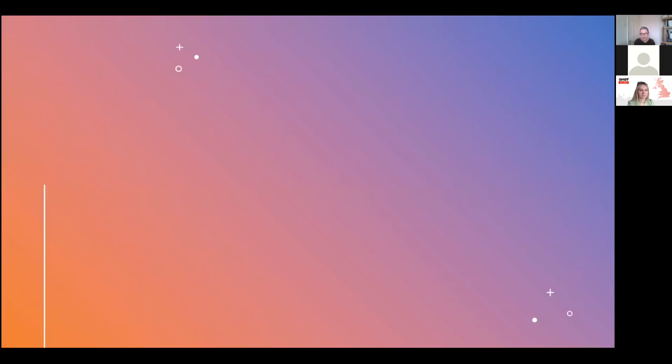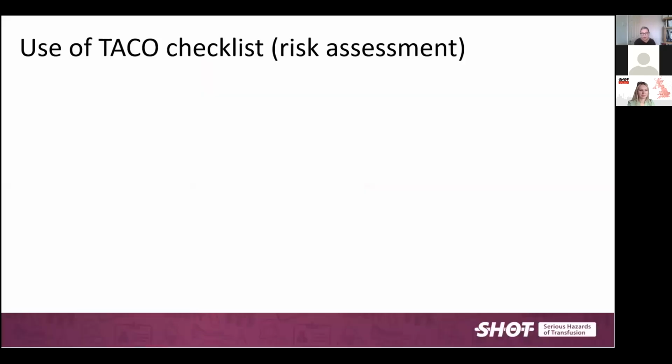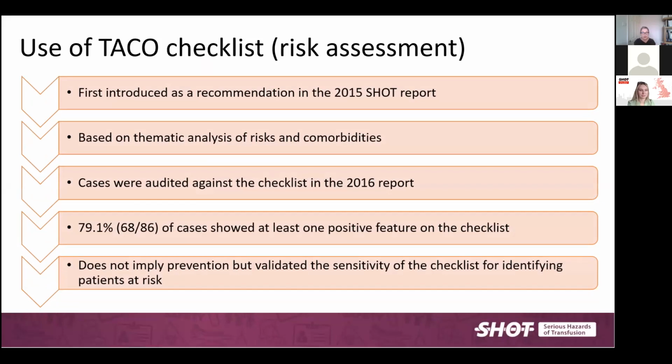Okay, so mitigating the risk of TACO. The use of the checklist is a risk assessment, but I think in common parlance we started calling it a checklist, but in effect it's a risk assessment.